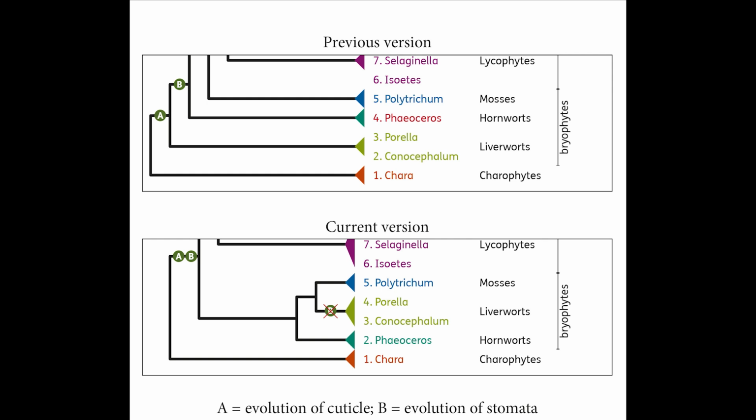But the problem comes when we start looking at genetic data. We've got lots more genetic data over the last couple of decades, and that is showing more and more conclusively that the phylogenetic tree we're showing you in this video is wrong in the context of the bryophytes. What it's showing us is that the bryophytes are actually a monophyletic clade.